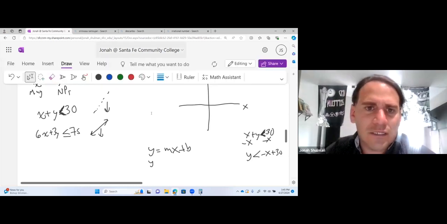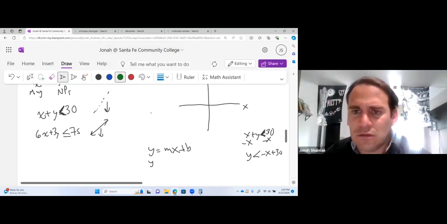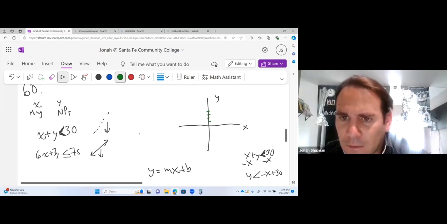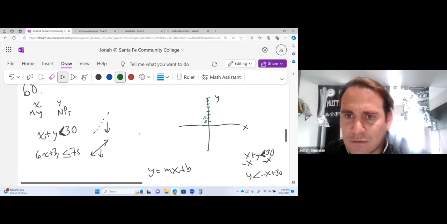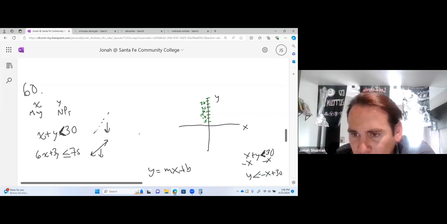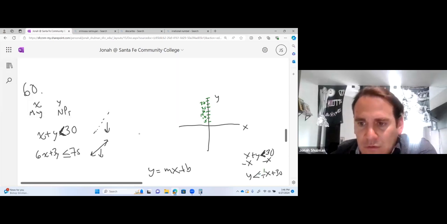So I'll draw a line here. We're going to make it green. So here's the line. We're going to start all the way up at 30. 5, 10, 15, 20, 25, 30. And we're going down 1 over 1. So we're starting at 30, and I need a dashed line, because that's got to be under 30 as well.